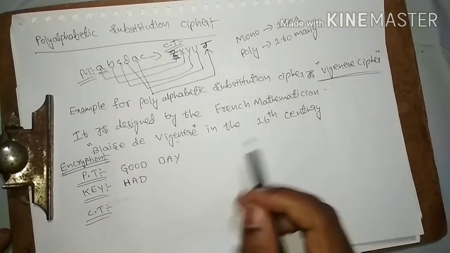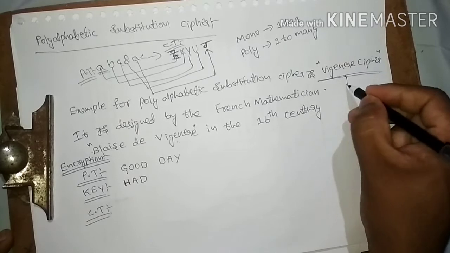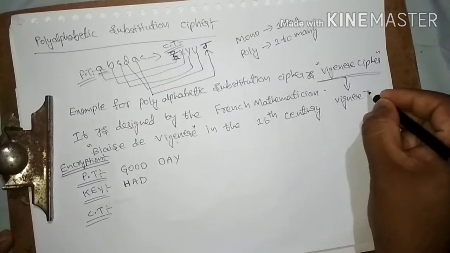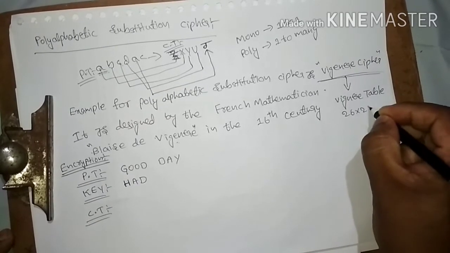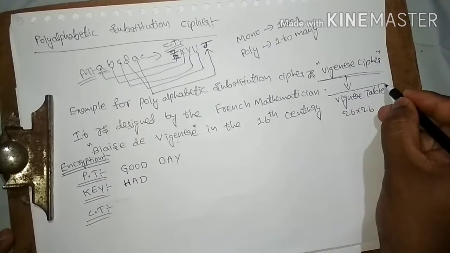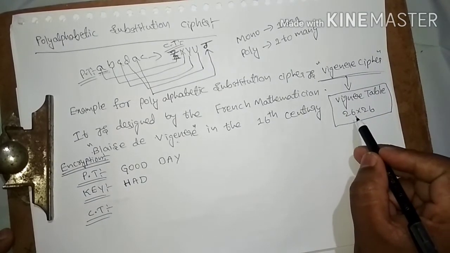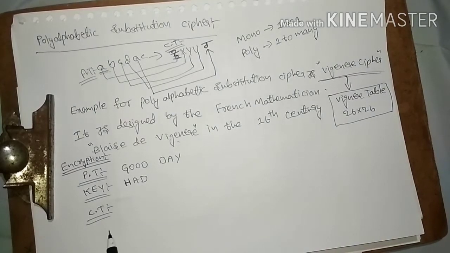Okay. In this Vigenere cipher, we are using the Vigenere table, a 26 by 26 table. By the help of this table, we are going to solve this cipher.